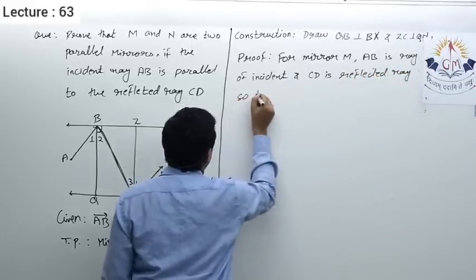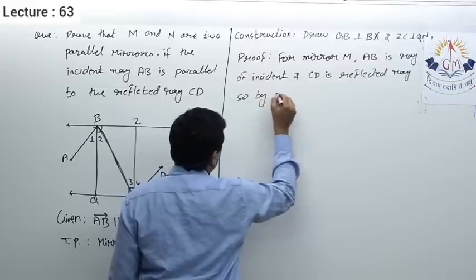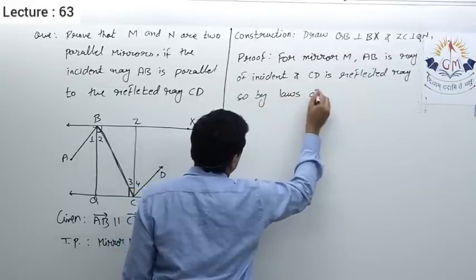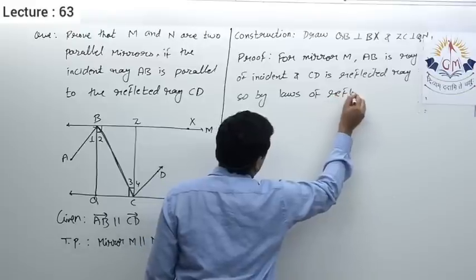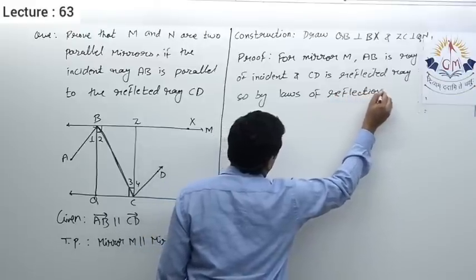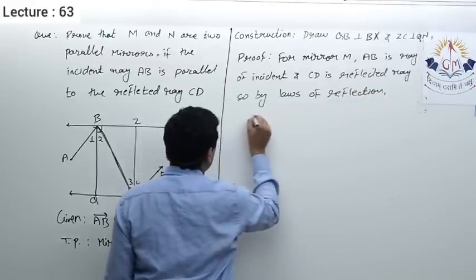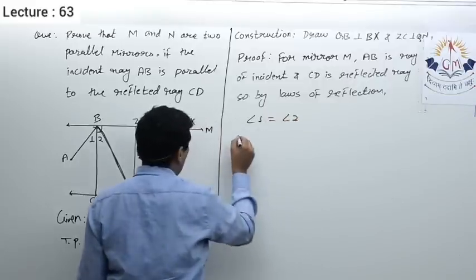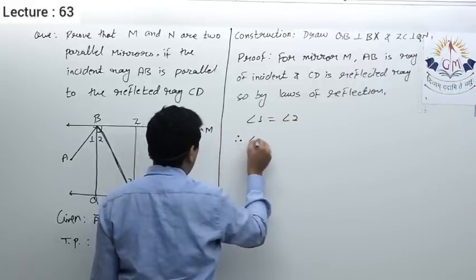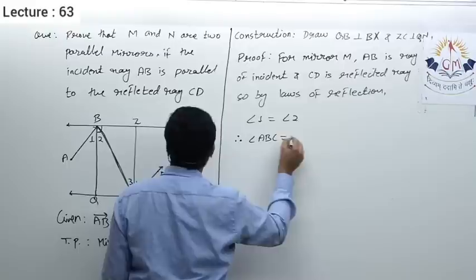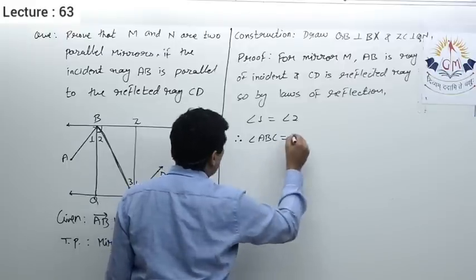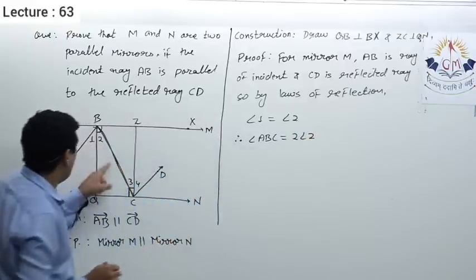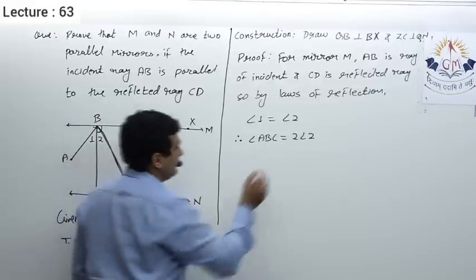So by the laws of reflection, I can say angle 1 is equal to angle 2, or I can say angle ABC is equal to twice of angle 2. As 1 and 2 are equal, ABC will be twice of 2.